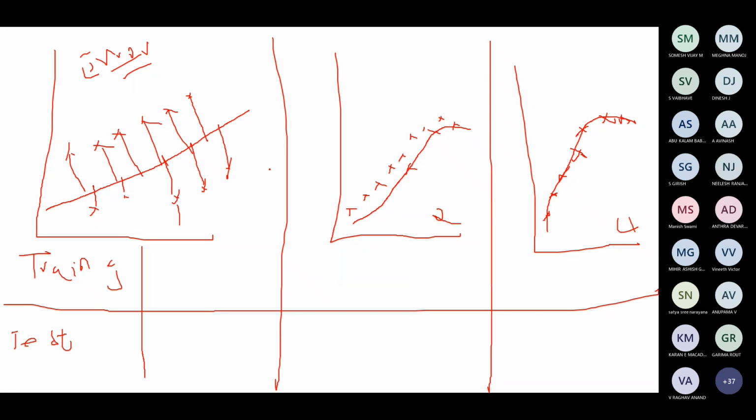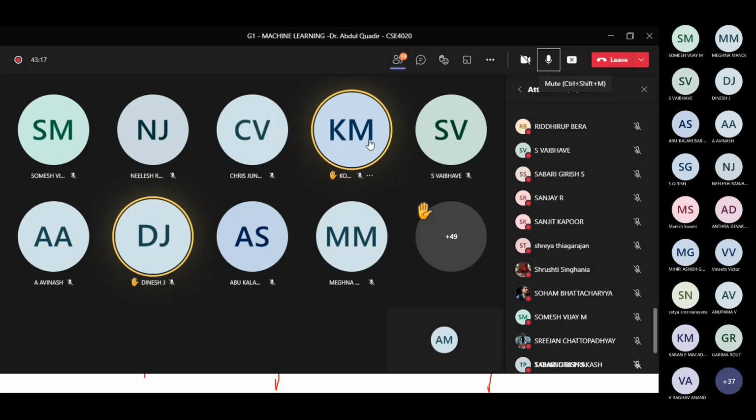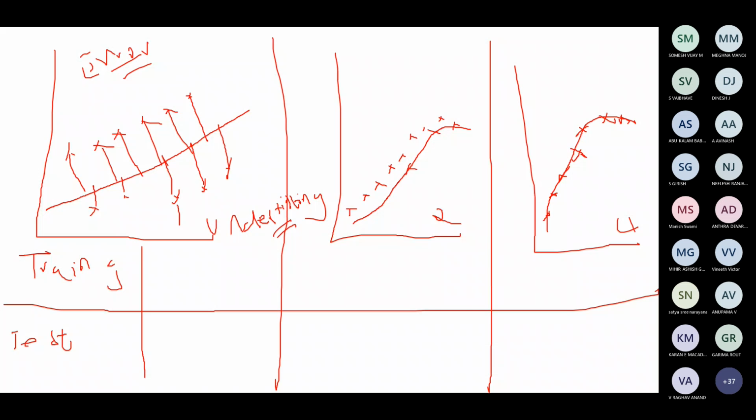This kind of concept, where the errors are very high, is called underfitting. Again, we have spoken about this.